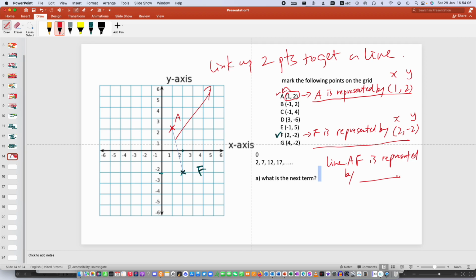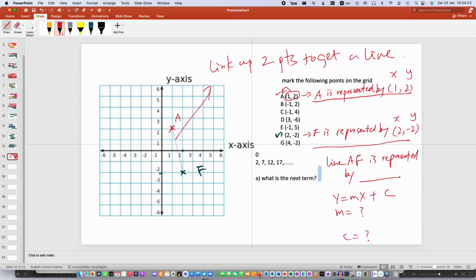Are you clear? Line AF is represented by y equals mx plus c. Your job is to find out what m is and what c is.